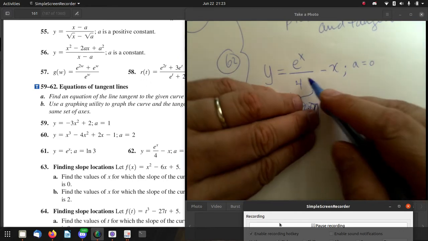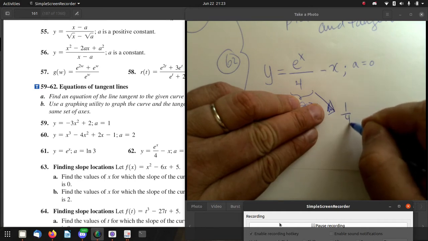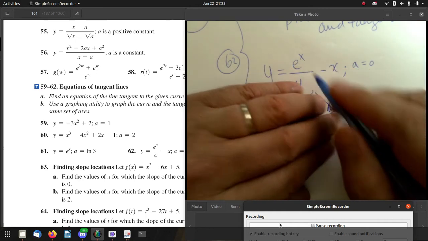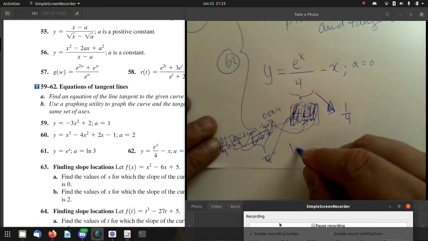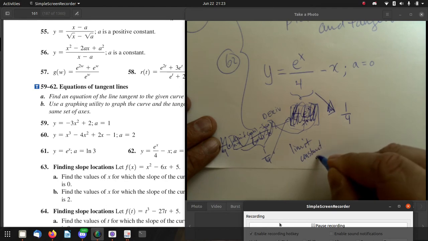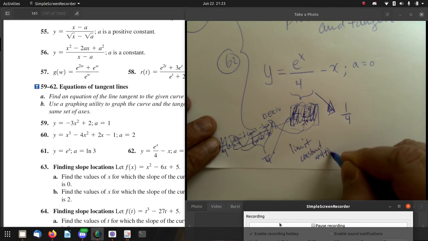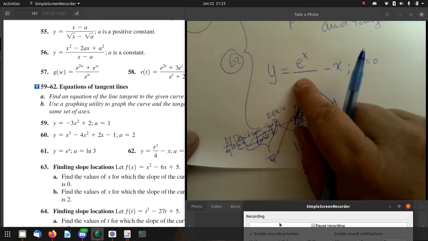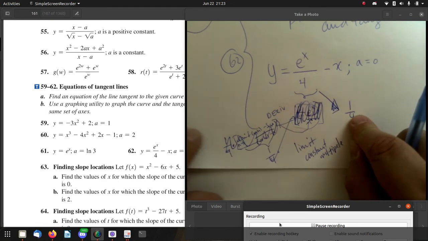Based on the rules of limits, the 1/4 can be left alone, and we do the derivative of the e to the x, because of the limit rule for constant multiples. The constant multiple can be moved out to the front of the limit, and a derivative is a limit, so that's why the constants stick around.